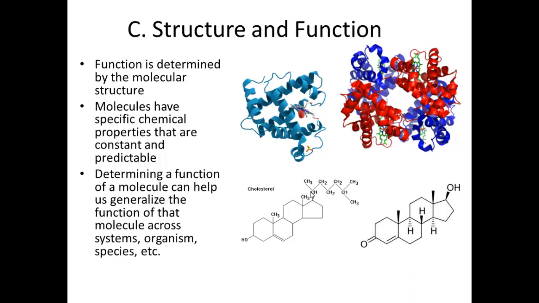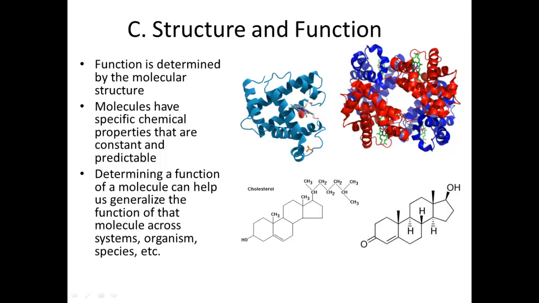One of these proteins is hemoglobin, so that's what I have here. On the right you have 2 red and 2 blue subgroups, which looks just like a big scribbly mess. But it is 4 of these subunits, to the left in light blue, all combined to make a molecule, and the structure of this molecule applies to its function.